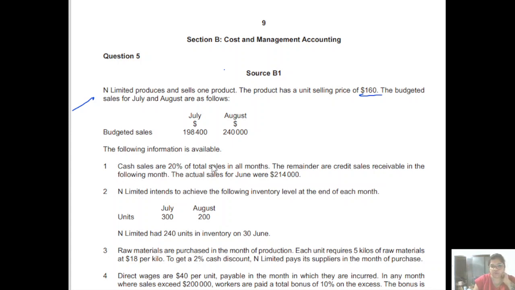Cash sales are 20% of the total sales of all months. They said whatever the total sales, the cash sales are considered to be only 20% of the total sales.